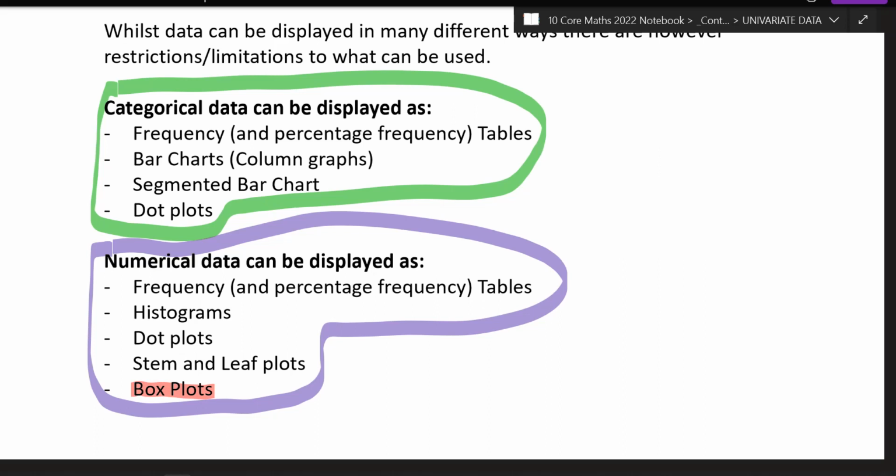Stem and leaf plots as well are good for numerical, but you wouldn't use it in categorical. In categorical data, however, bar charts are good for categories, but not so much in your numerical data. So there's a little bit of a difference. You can come back to this and see what kind of graph you should use to display data.